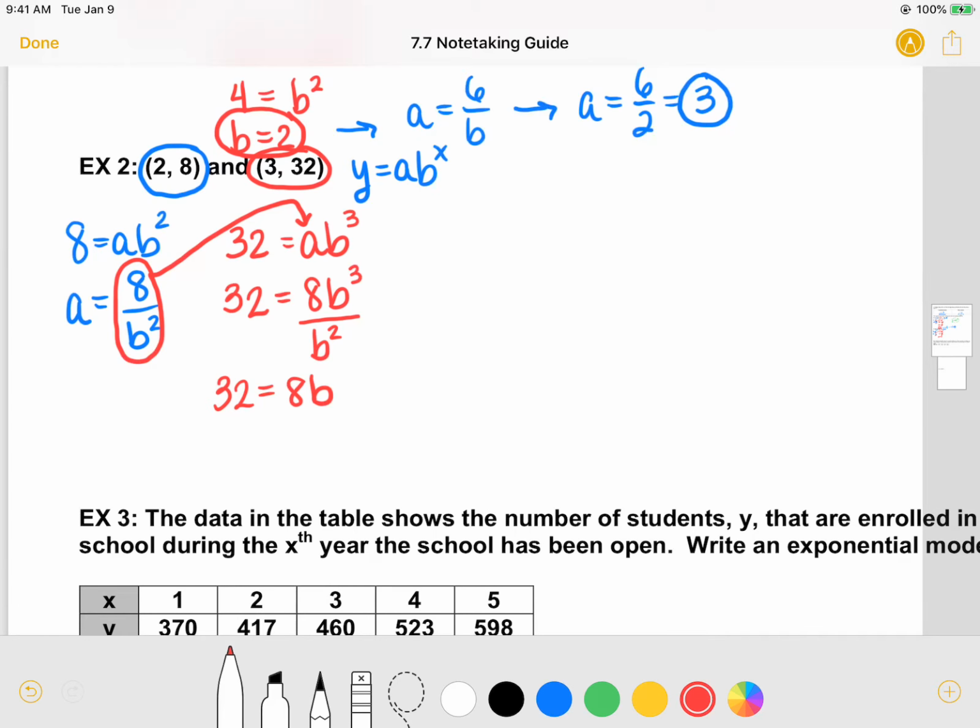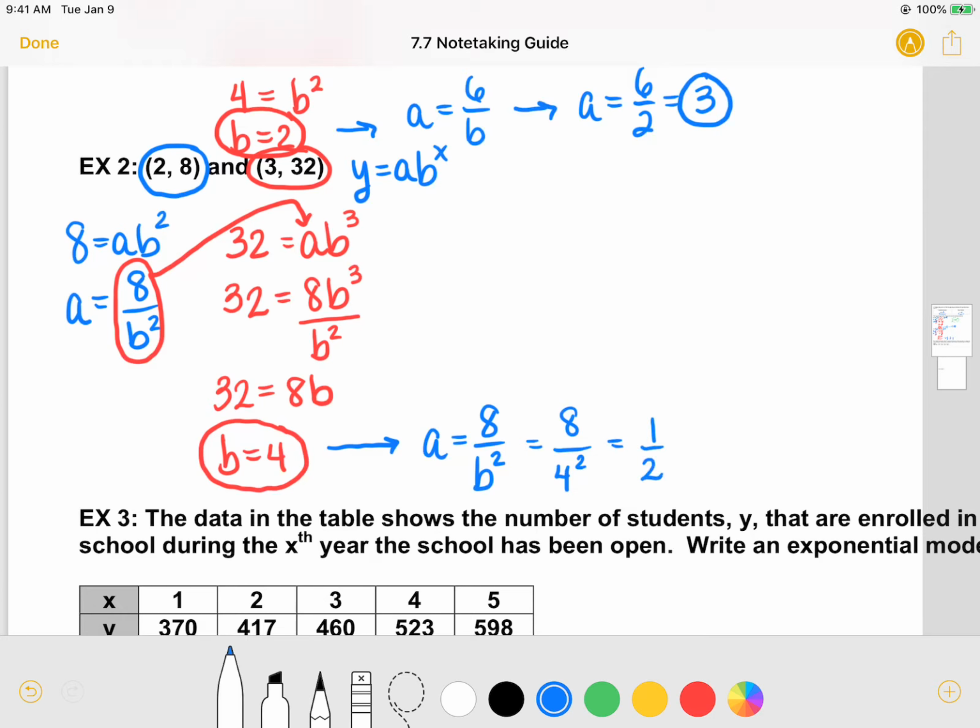And then we can divide both sides by 8, and that means that b is 4. Okay, so now we're going to take that value and plug it into the equation that we've written for a. We know that a is 8 divided by b squared, and b is now 4, so that means that a is 8 divided by 4 squared, or 8 divided by 16, which is 1/2.